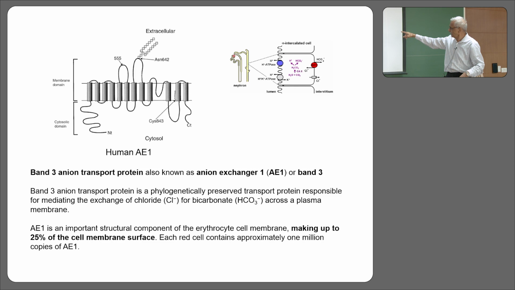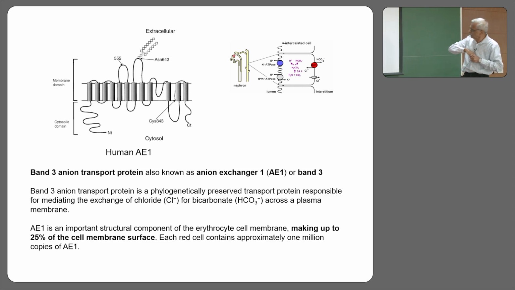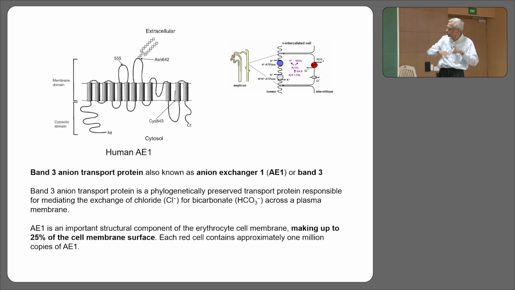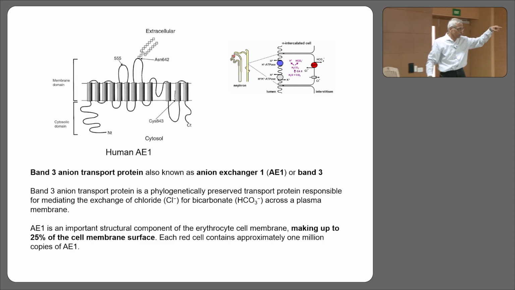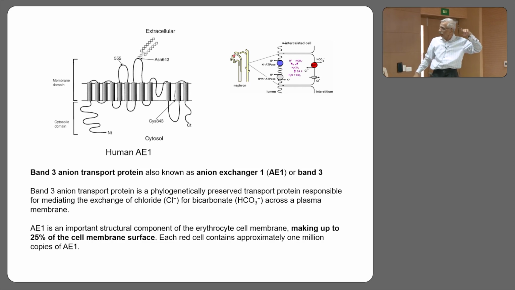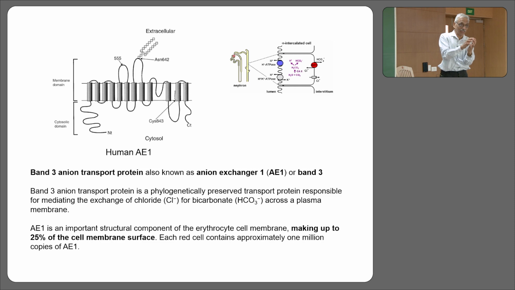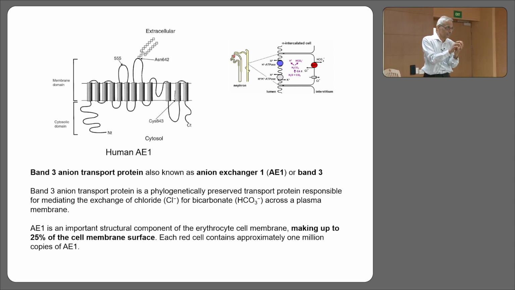I also know the anion exchanger 1 or band 3. Read the last paragraph please for me, somebody. AE1 is an important structural component of the erythrocyte cell membrane, making up to 25% of the cell membrane surface. So, if you look at the surface of the plasma membrane of the RBC, 25% of that is occupied by this protein.